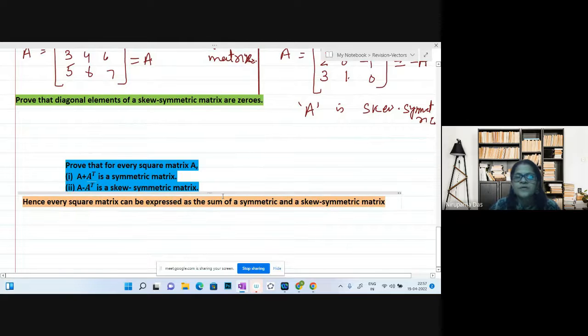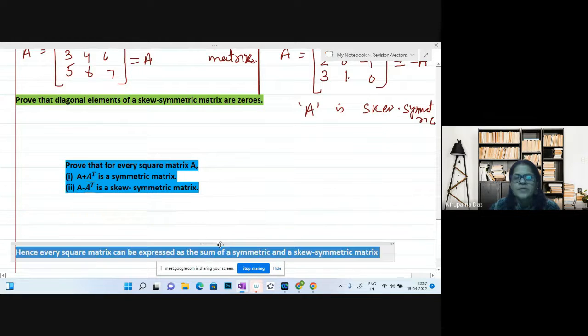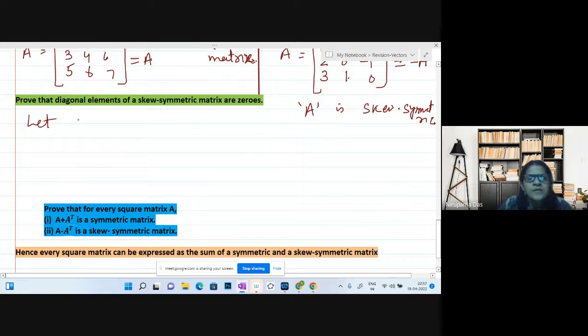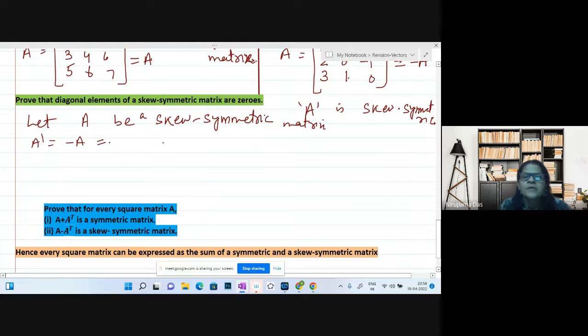This is a question you may get for 2 marks. Prove that the diagonal elements of a skew-symmetric matrix are zeros. Let A be a skew-symmetric matrix. It means A transpose equals minus A, because it is skew-symmetric.